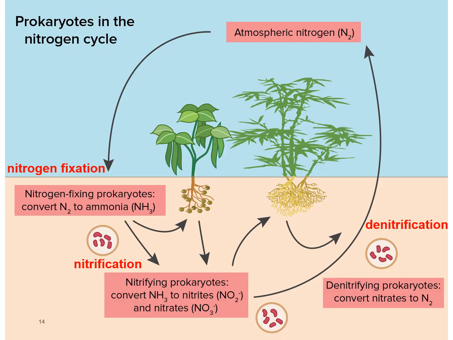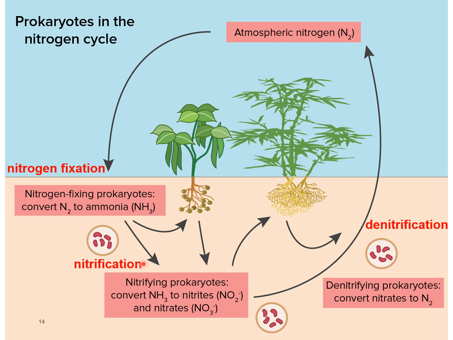Just a nice picture, just showing you the nitrogen gas in the air, which we can't do anything with. And then nitrogen fixation, here we've got a legume plant, maybe we've got some rhizobium bacteria, and they're able to convert the nitrogen gas into the ammonia, which then can be used to make some organic molecules like proteins, nucleic acids.